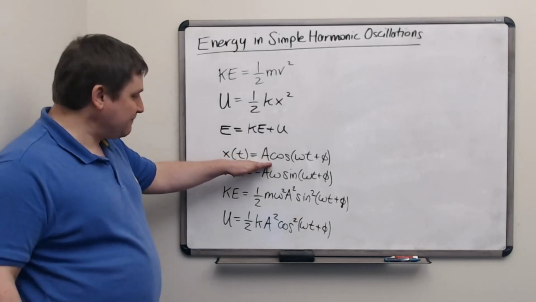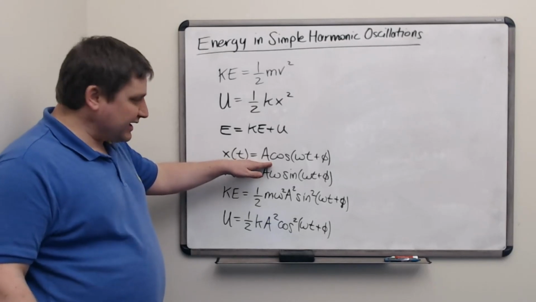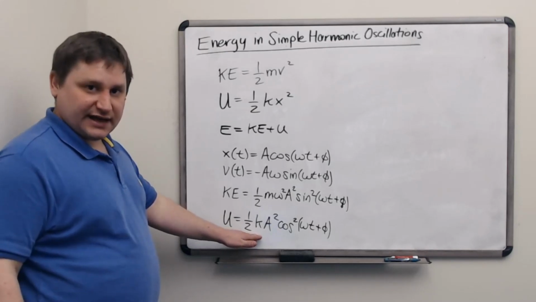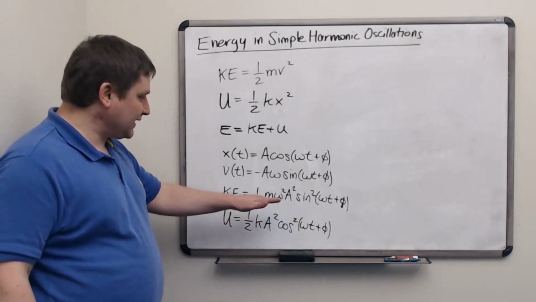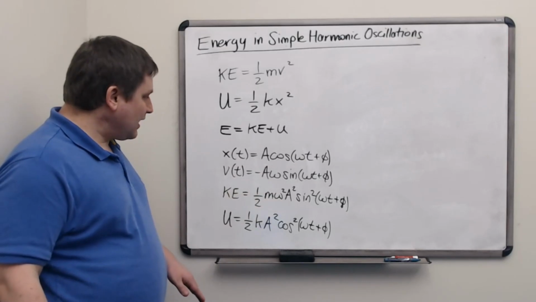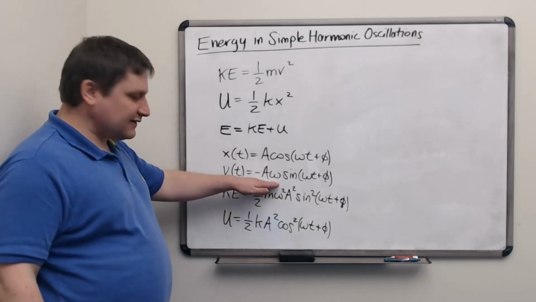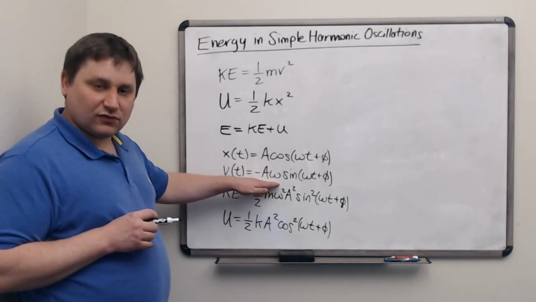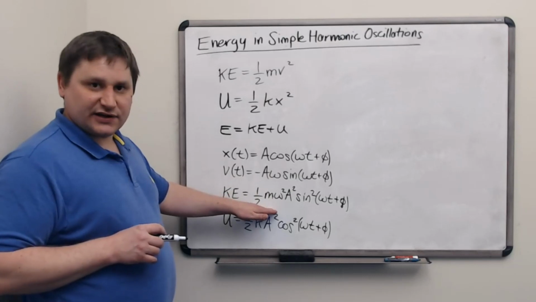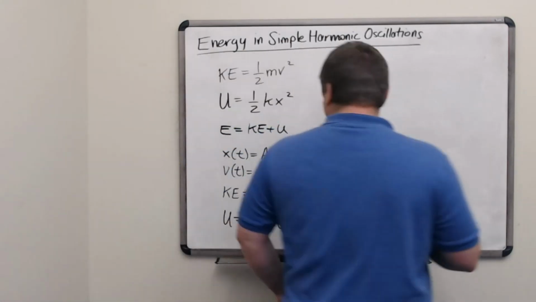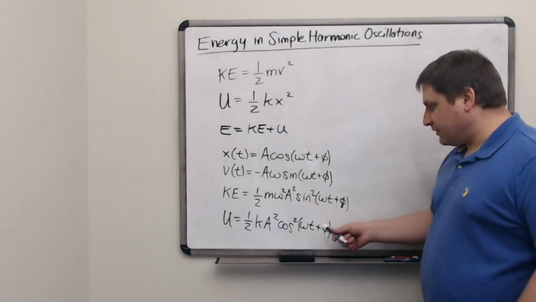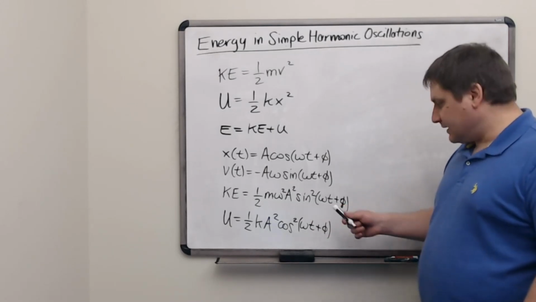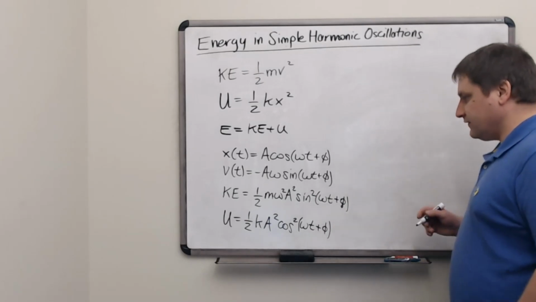So when the position is maximum or minimum, the spring is highly stretched or highly compressed, and the potential energy is the largest it gets. The velocity is 0. On the other hand, when the velocity is large, the spring is nearly at its equilibrium length, and the kinetic energy is large. So we see this interplay, where potential energy is large when kinetic energy is 0, and kinetic energy is large when potential energy is 0.